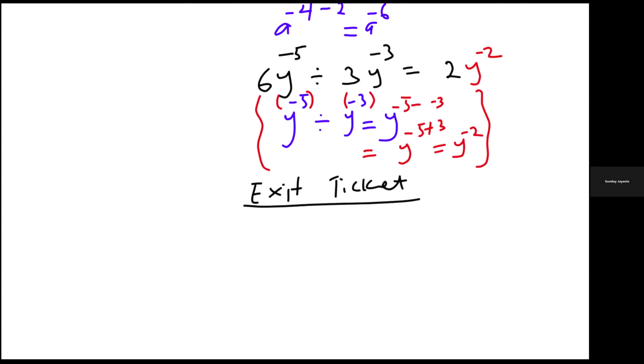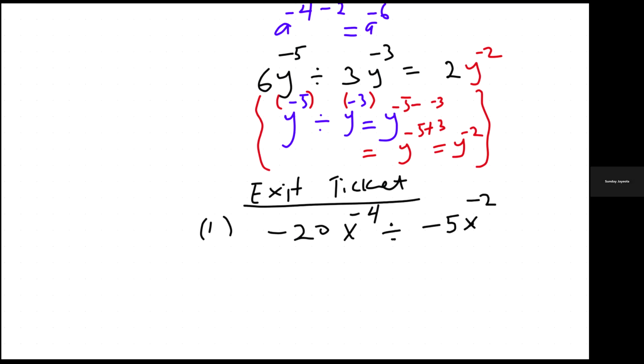If I give you negative 20x raised to power negative 4 divided by negative 5x raised to power negative 2, that will be your answer. Let me give you about 30 seconds to do that, or 1 minute.